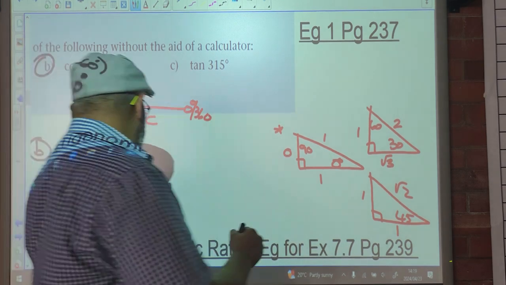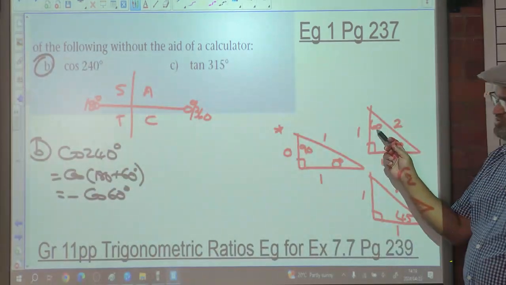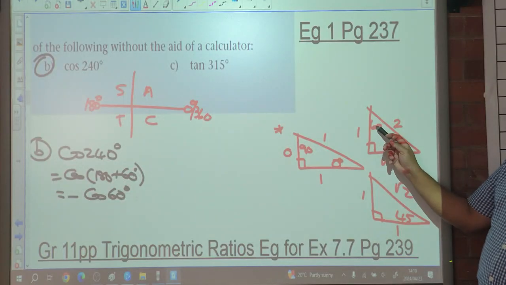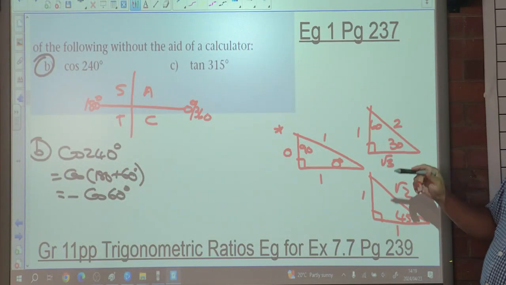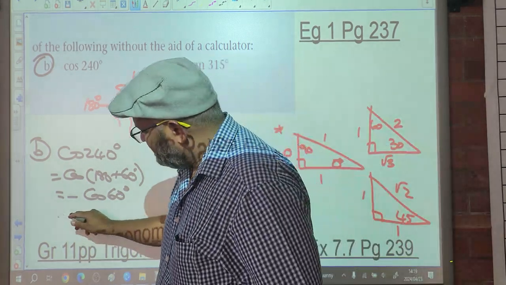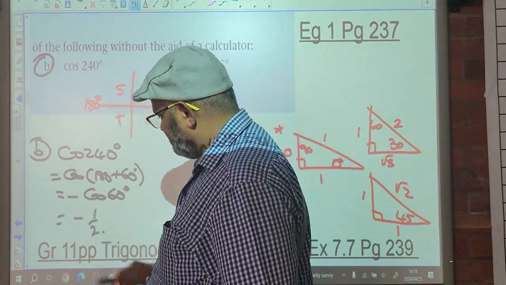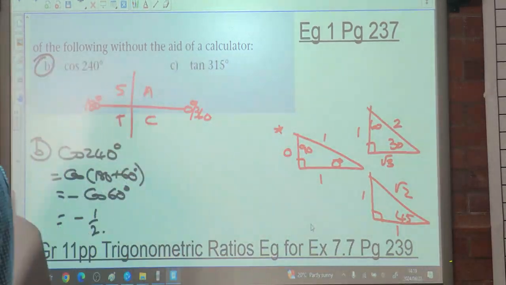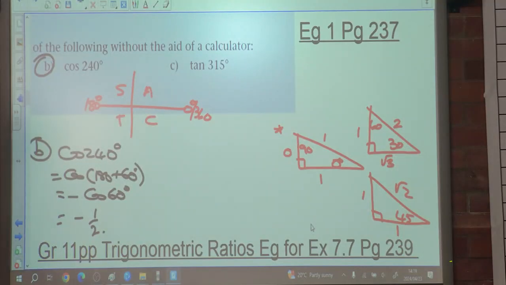Adjacent over hypotenuse. What's my adjacent to 60? 1. Hypotenuse is 2. So this will simply be negative 1 over 2. Any confusion there? No.